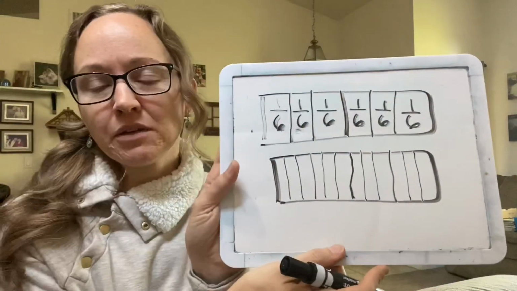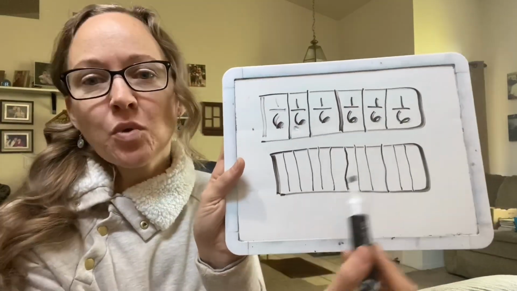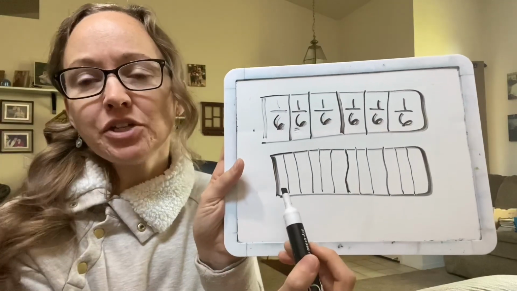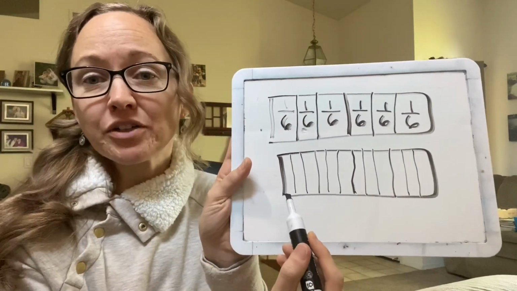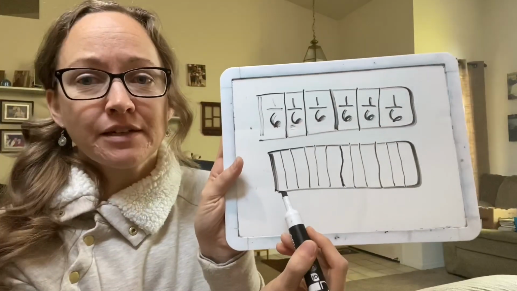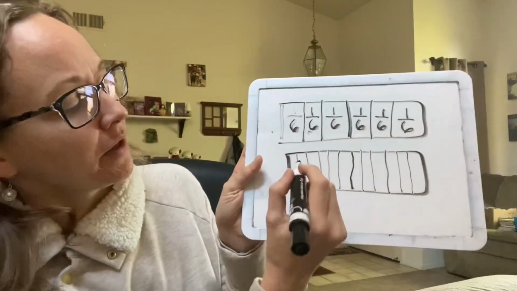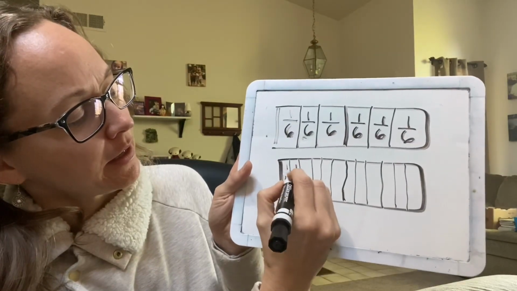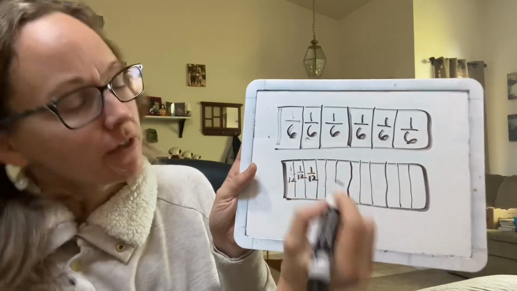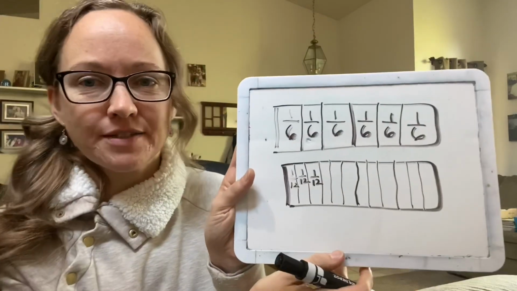And that will give me 12 equal parts. 12 equal parts means that each equal part is called a 12th. If we were to write the fractional unit, the unit fraction of each equal part, we would say that it is 1/12 all the way across.